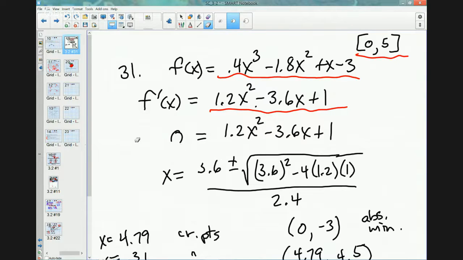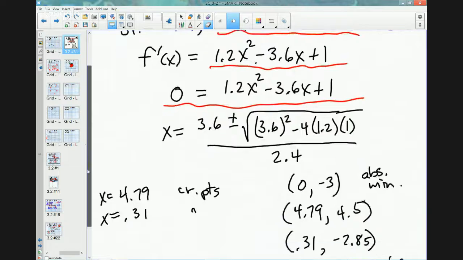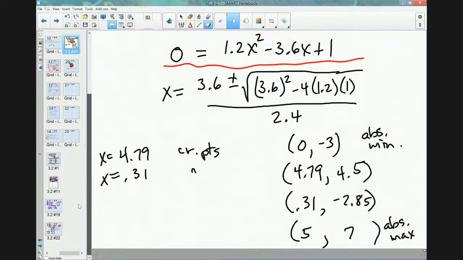Well, I don't have much hope of factoring that, so you notice I kind of resorted right away to the quadratic formula. Okay, so I'm not going to calculate that right now, but I came up with these two answers, plus 4.79 and positive 0.31.